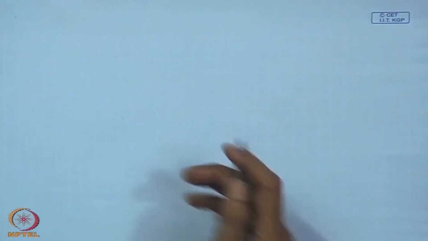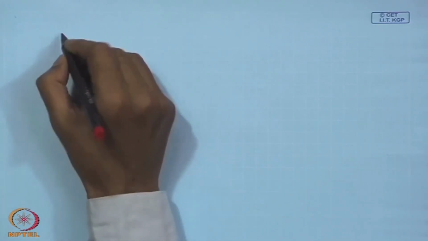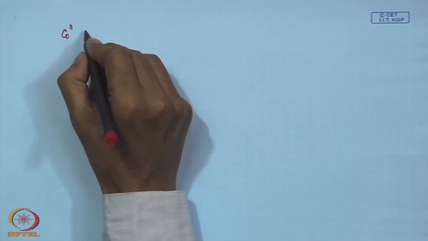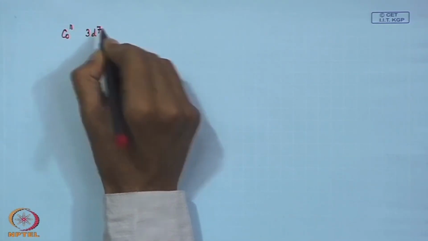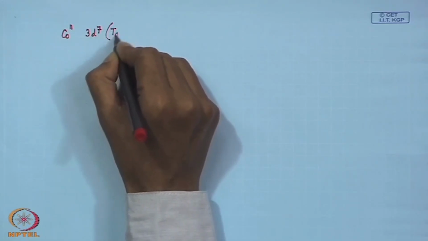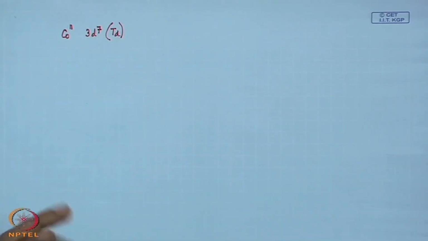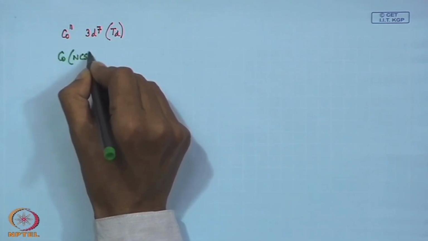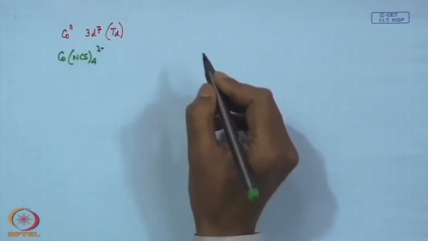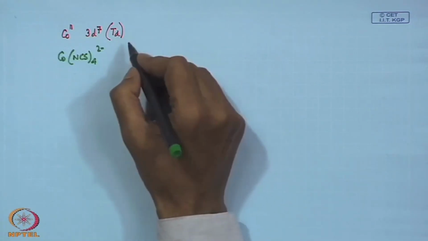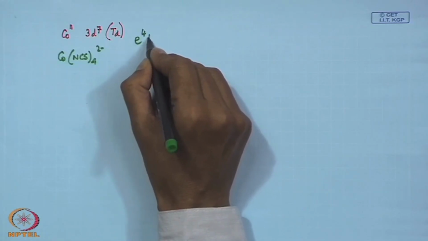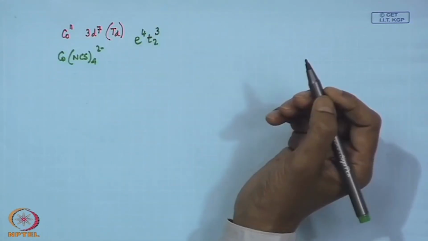A similar thing also happens in the cobalt system, which is d7. We all know that cobalt is very useful in giving compounds in tetrahedral geometry, such as [Co(NCS)4]2-. In this compound in tetrahedral geometry, the electron configuration is e4 t2 3.